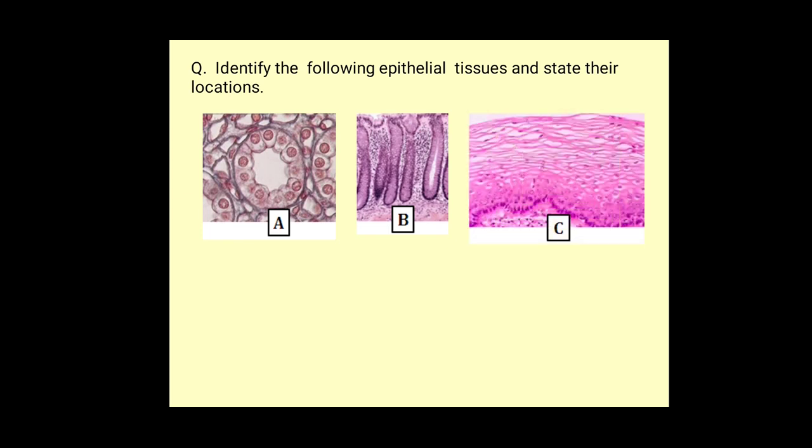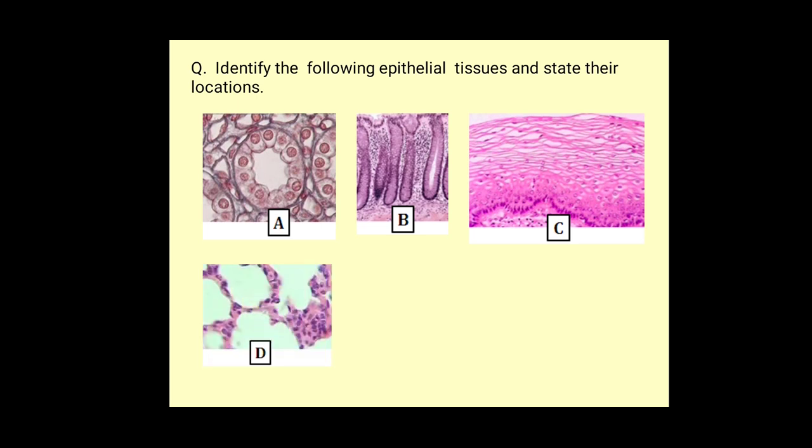Then this is stratified squamous epithelium, but since they are not dead cells, you will find them in the esophagus and the lining of the mouth, and their location is esophagus and mouth, and function is to prevent wear and tear.